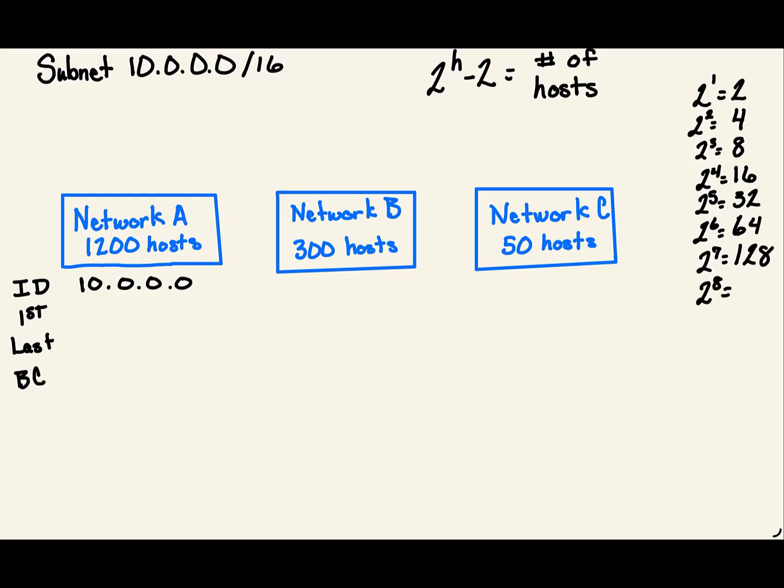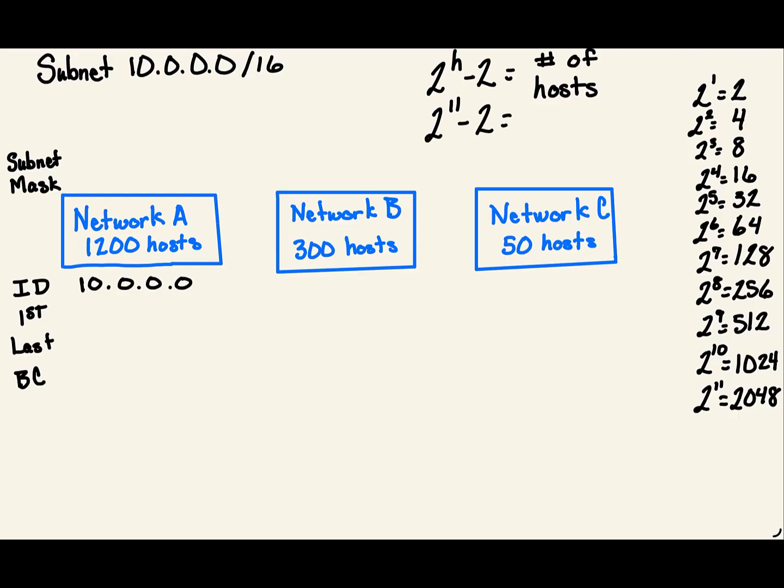We can just keep going by doubling our numbers until we meet at least 1,200. 2 to the power of 8 equals 256. 2 to the power of 9 is 512. 2 to the power of 10 is 1024, and 2 to the power of 11 is 2048. All right, we just passed our 1,200 host requirement.